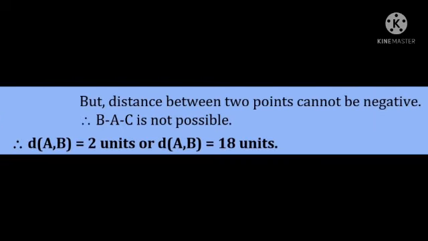Now, the distance between two points cannot be negative. Therefore, B-A-C is not possible. Therefore, distance of AB is equal to 2 units, or distance of AB is equal to 18 units is the answer.